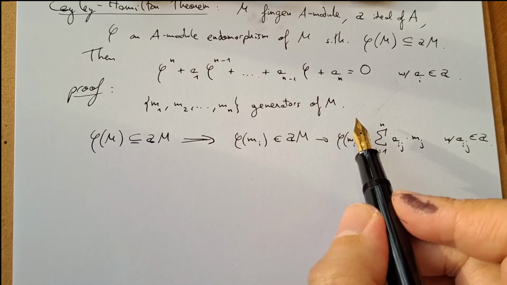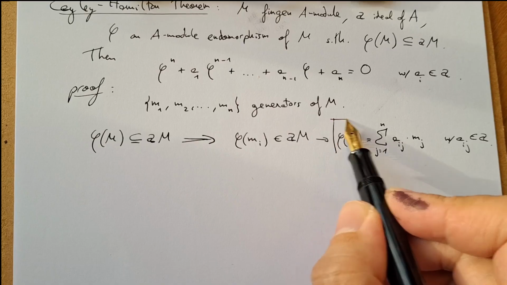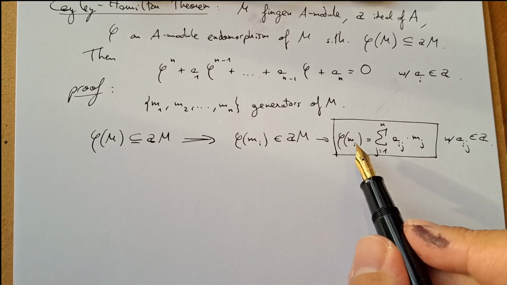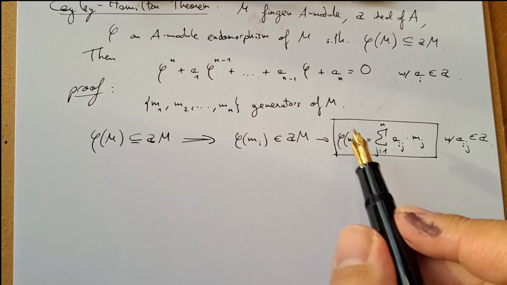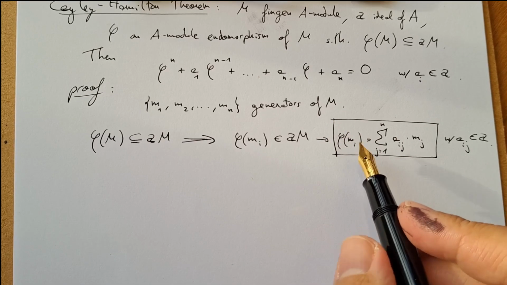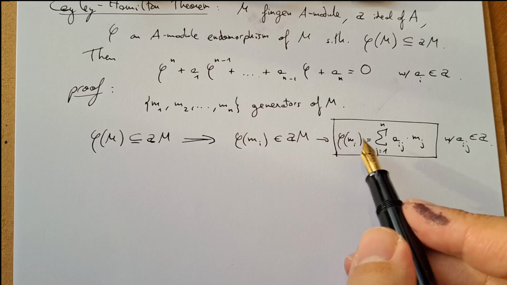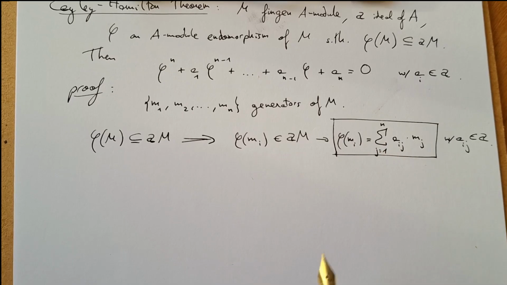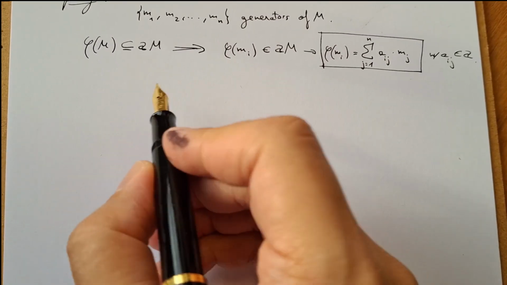Now, we have n different generators of M, so n different m sub i's. If we unfold this, let's write a few of them.